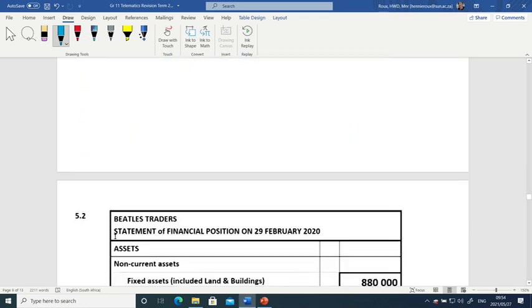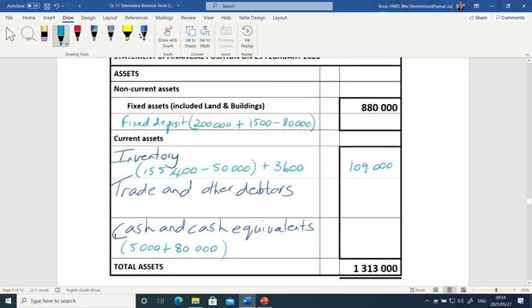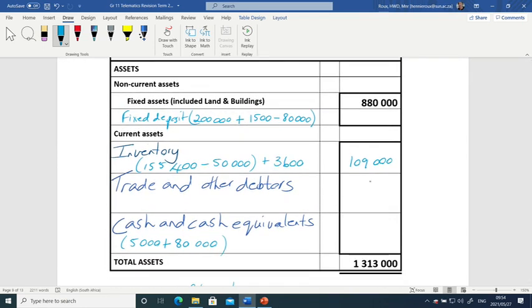So now we can complete the statement of financial position. They gave us, or we've calculated the trade and other debtors, 117,500. Cash and cash equivalents, 85,000. The total current assets, 311,500.